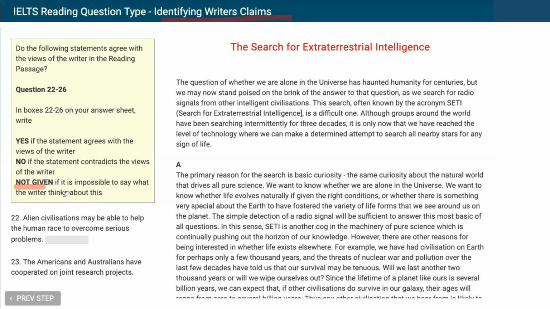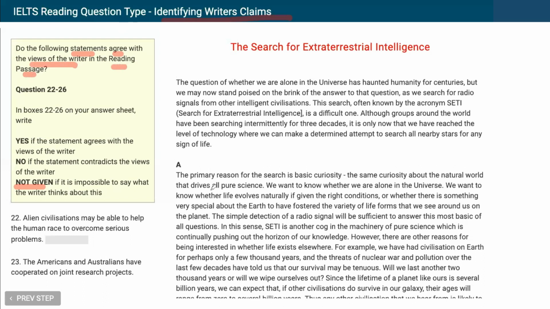But like I said, don't worry about that right now. An important difference between this question type and the identifying information question type is here we are going to look at statements that either agree, disagree, or have no relevance to the views of the writer in the reading passage.